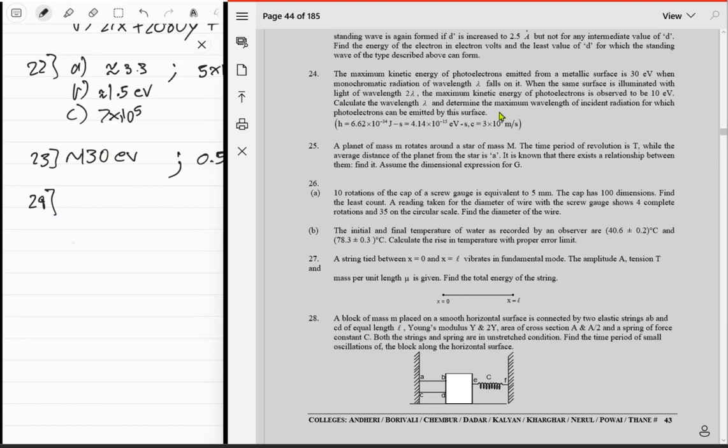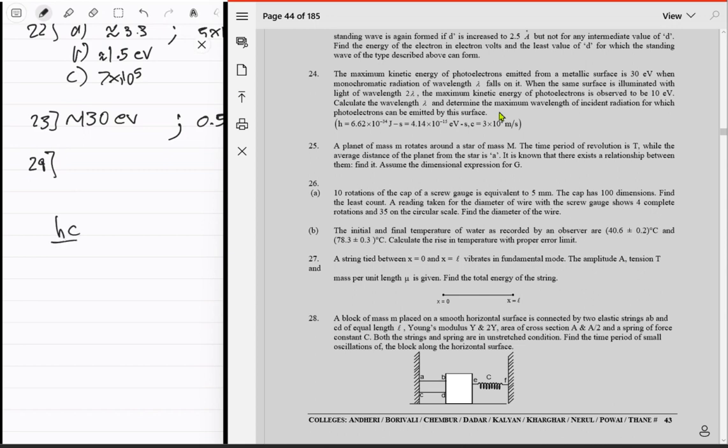If there is no other way, okay, let's do it. hc upon lambda times 1/2 minus 1 plus that, of course. Wait, okay, when your wavelength is 2 times, the energy will be half, just 10 electron volts. Okay, so my maximum energy is 10 electron volts.